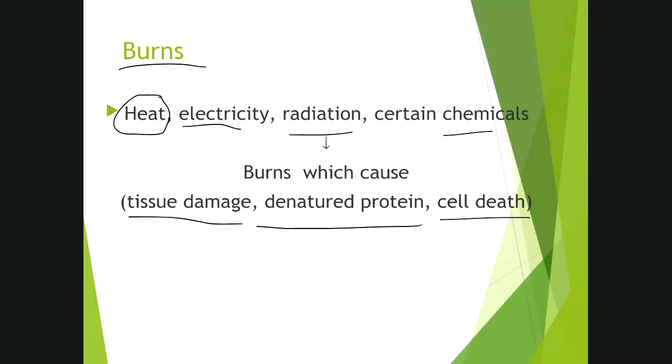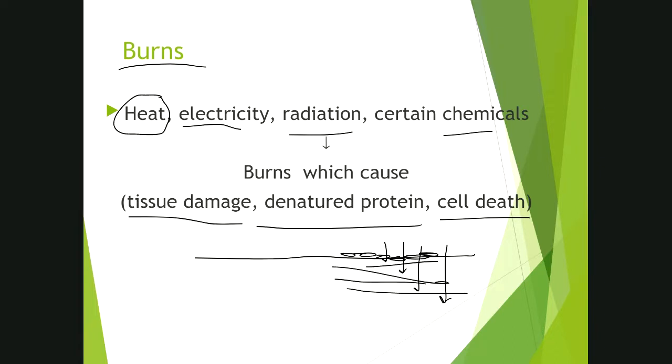All of these cells on the surface are going to be damaged, either a little bit or a lot. And the damage can be deeper and deeper. When it penetrates different layers of the skin, we're going to see different symptoms and different problems.